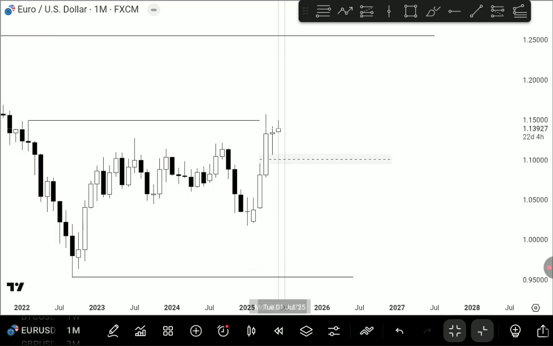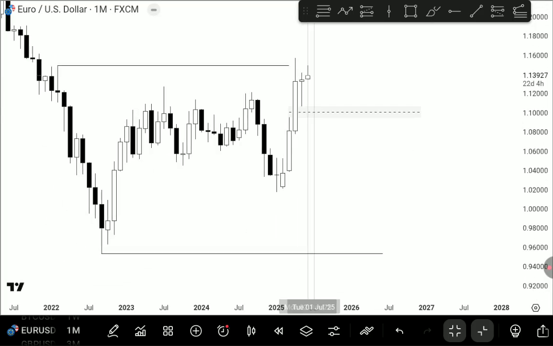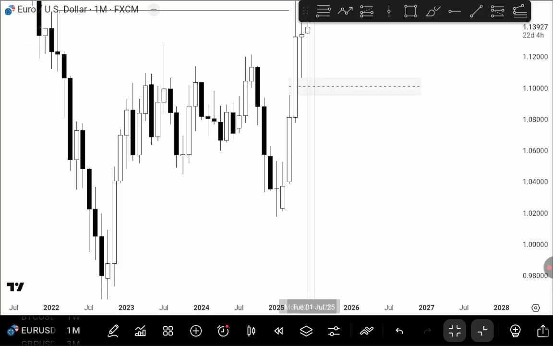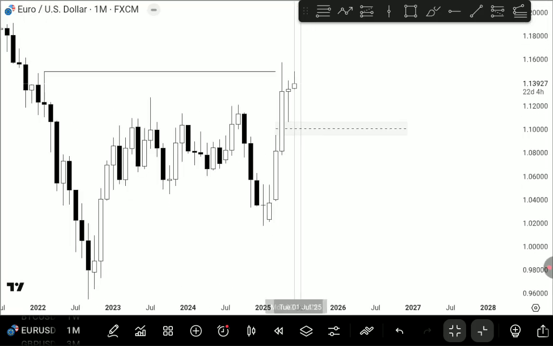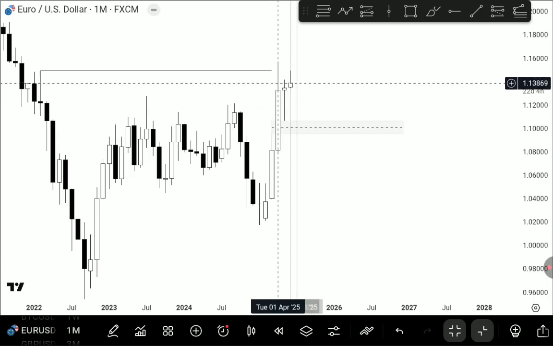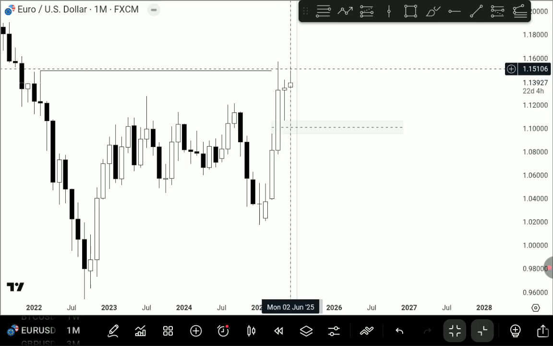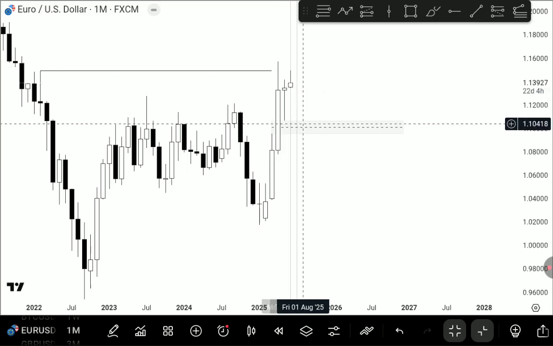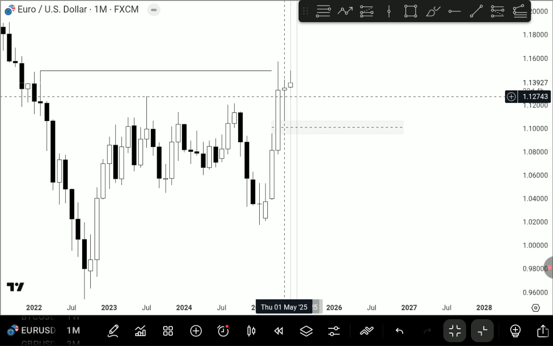So I'm done with the monthly. This is my expectation for the monthly. My draw of liquidity, this very fair value gap, and my bias to most likely be bearish, right?